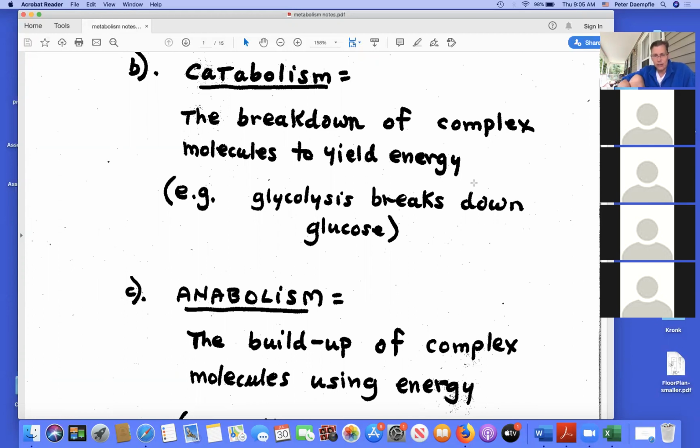So I give an example. Glycolysis breaks down glucose. If you look on figure 4.13, you can see that the series of reactions in glycolysis are shown, and you're taking glucose in this example. Glucose is what we start off with. Glucose is a 6-carbon simple sugar. Whether you're a protein, a fat, or a nucleic acid, you're broken down into glucose and you are catabolized.